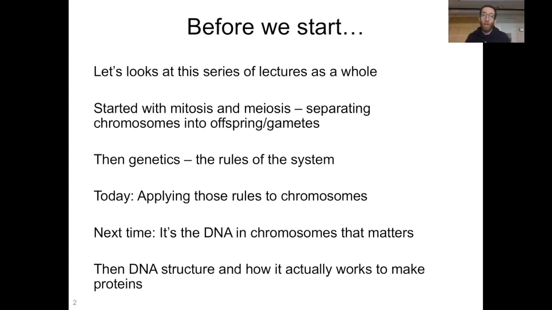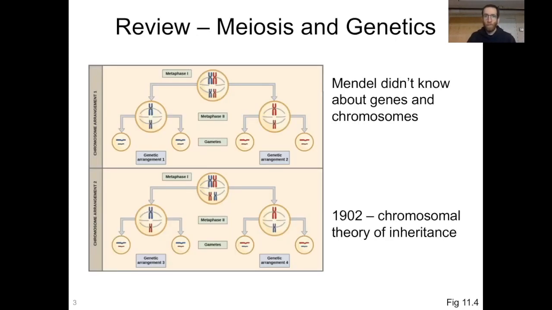Then last time we talked about Mendel and genetics, so that sets the basic rules of the system. Today we're going to apply those rules specifically to chromosomes. So we're going to take kind of the two threads that we've done already and put them together. Next time we're going to talk about how it's the DNA in the chromosomes that matters when it comes to inheritance. So we'll look into things like the DNA structure and how it actually works to make proteins.